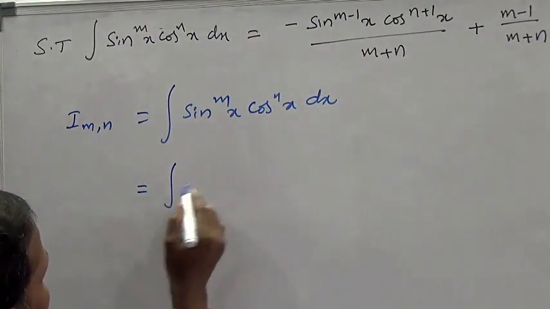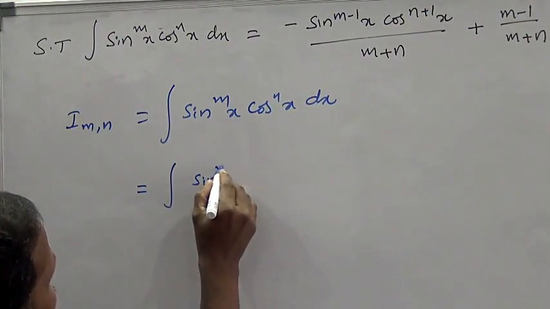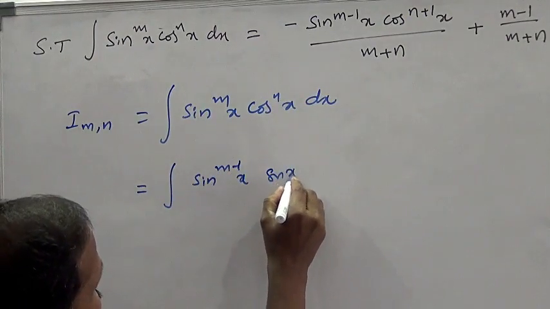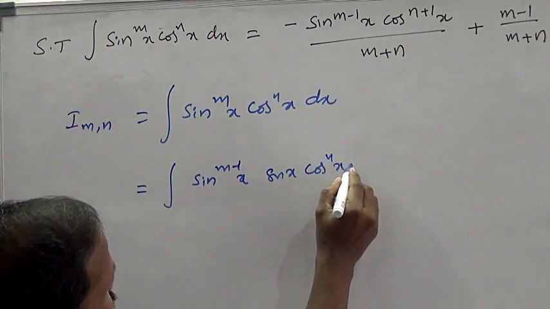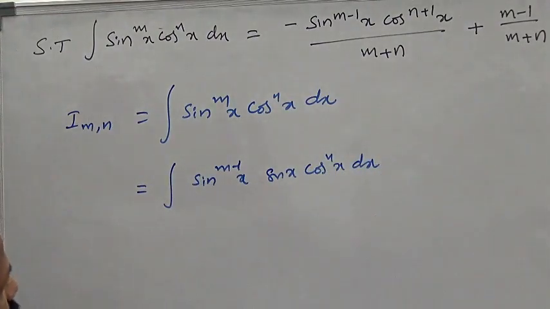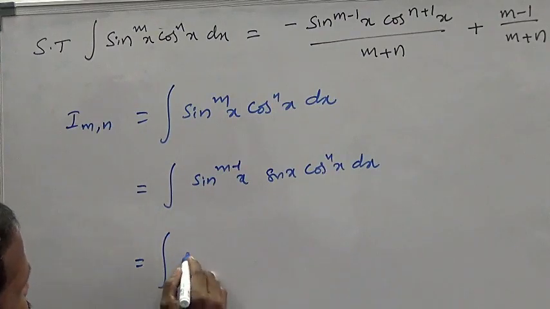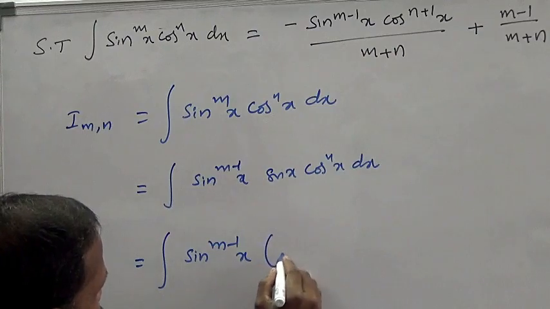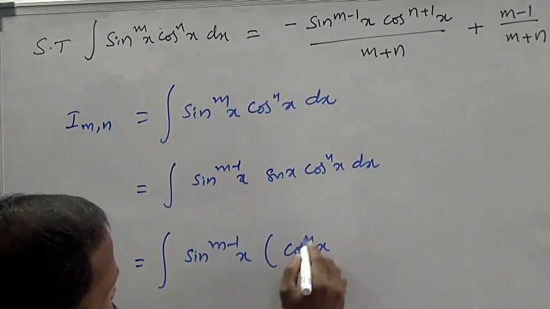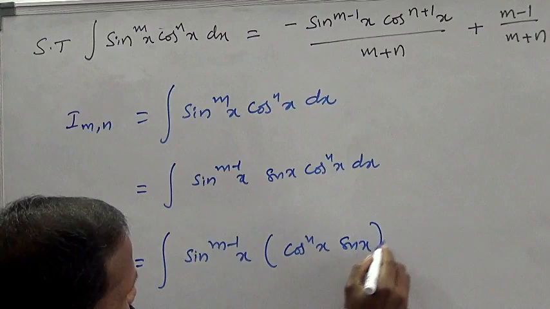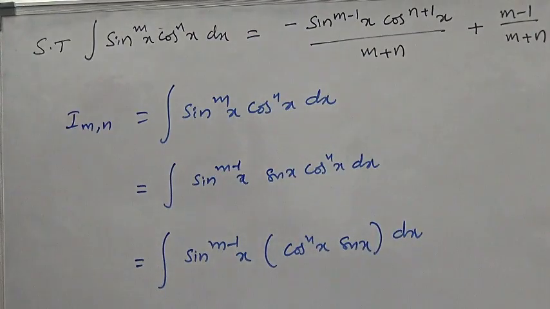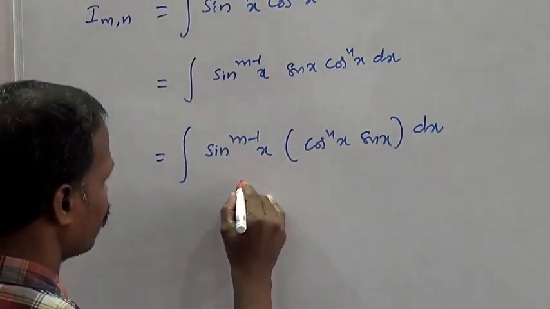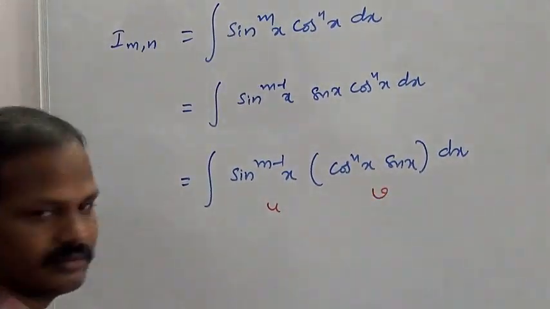This is equal to the integral of sin^(m-1) x into sin x into cos^n x dx. Now this is equal to the integral of sin^(m-1) x into cos^n x sin x dx. Now this is our u, this is v, right?